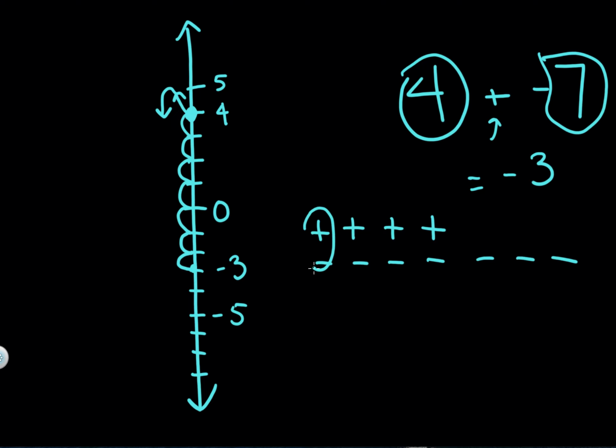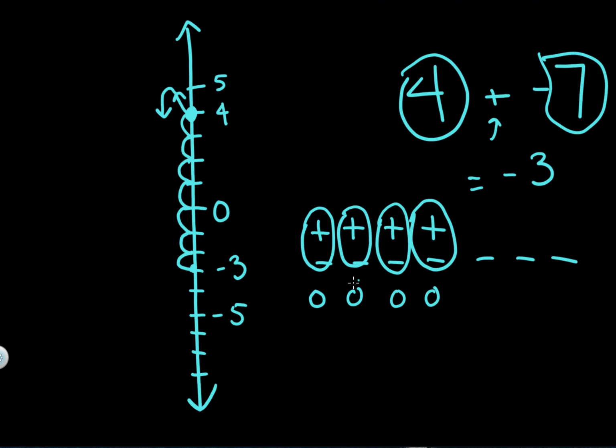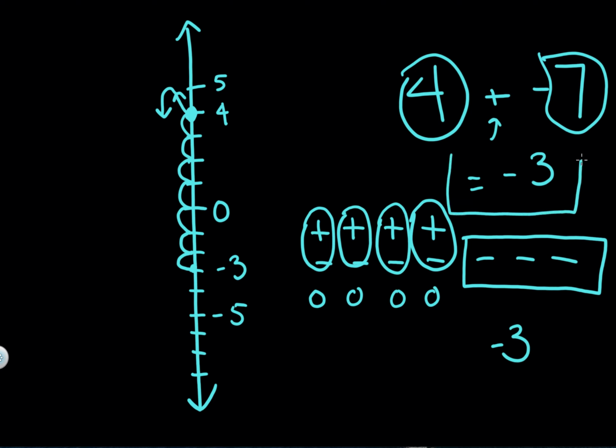We know a positive and a negative even out to 0, to 0, 0 here, and 0 here. So 4 of these cancel out, leaving us with 3 negatives. And again, this is just to show you that all of our methods are going to end up in the same place.